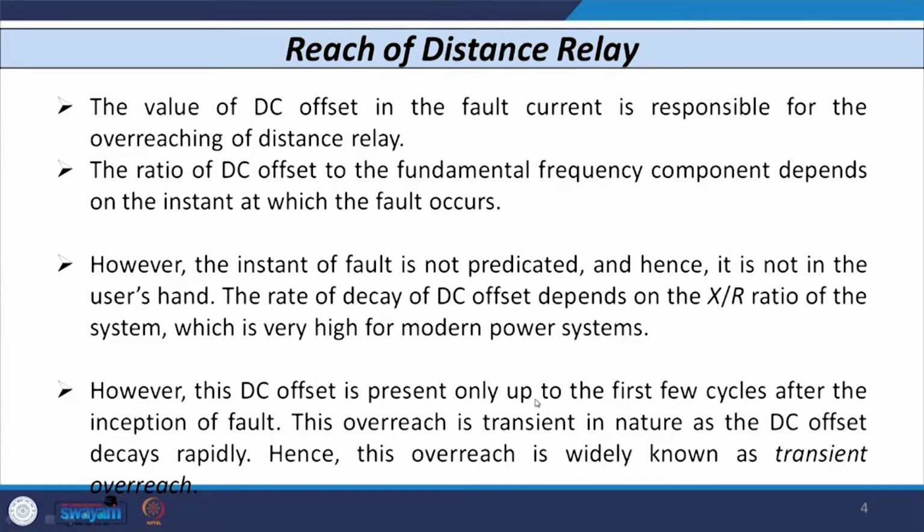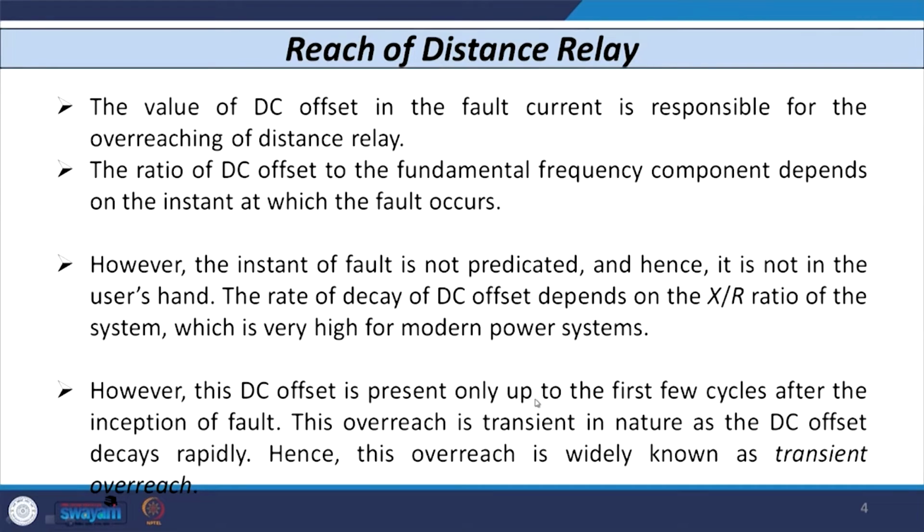The value of this decaying DC, or DC offset, in the fault current is responsible for the overreaching of the relay. The ratio of DC offset to the fundamental frequency component depends on the instant at which the fault occurs, the switching instant.